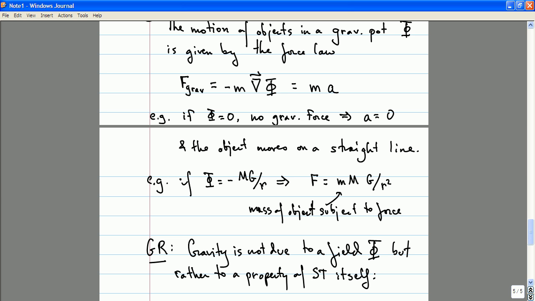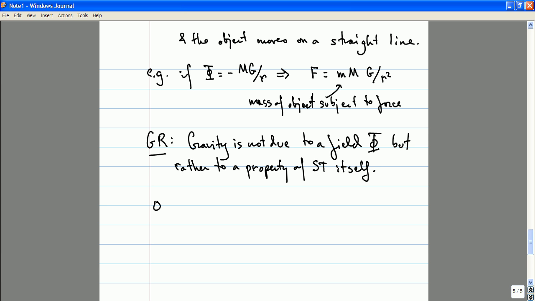So, in particular, whereas the basic object that describes the gravitational force in Newtonian gravity is the gravitational potential phi, in general relativity, phi is replaced by something called a metric of space-time. And this metric is some sort of geometric object which tells you how space-time is curved.